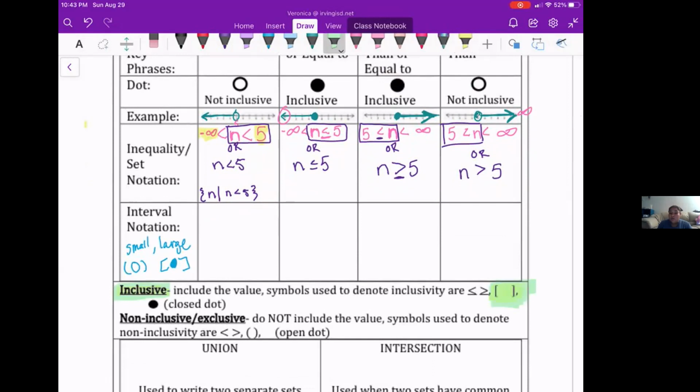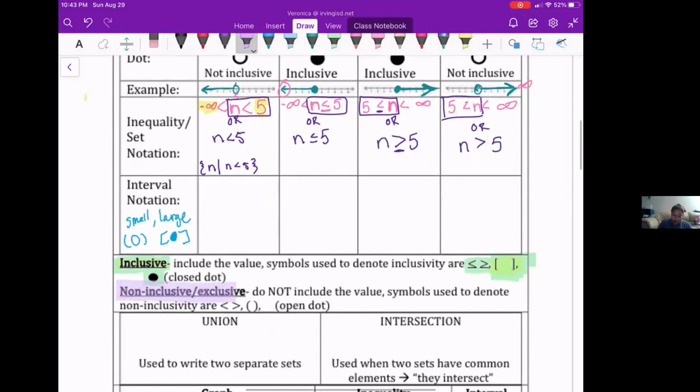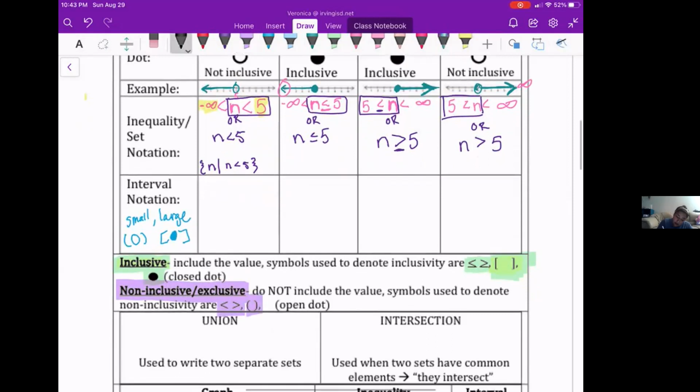When it's inclusive, you should be using brackets and a closed dot and equal to symbols. In green, I highlighted that. But if it's non-inclusive, which is in purple, you're going to use the no equal to. You're going to have to use parentheses, and we know that's an open dot. So please, everyone, make sure that that's written properly. If it's not, go on ahead and pause it and fix it now and make sure that it matches what you see on the screen.